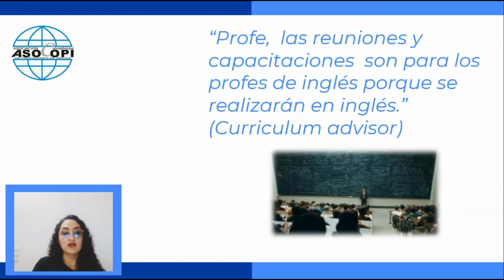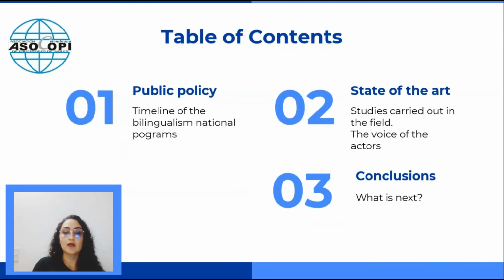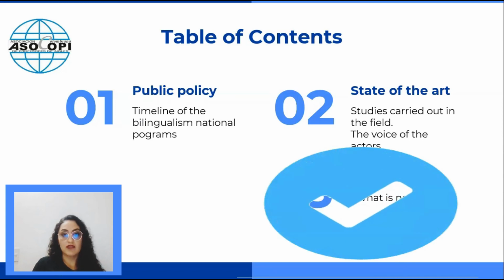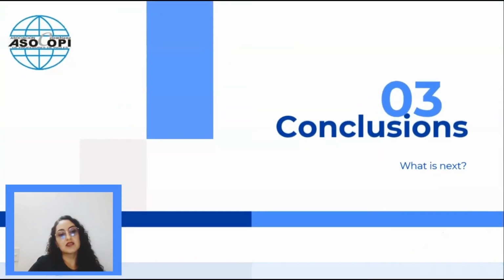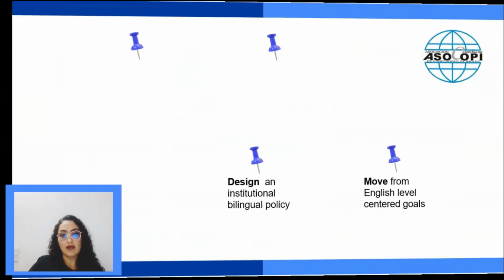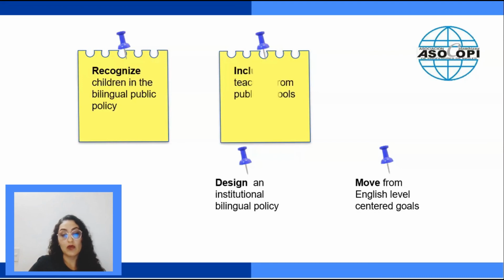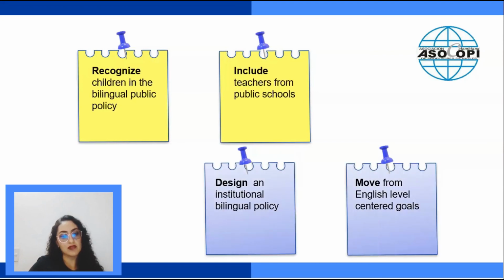And with this, we are approaching the last part in this lecture. And at this point, I want to establish some conclusions that I want to expand with your comments, reflections, or suggestions. And at this point, I may say that there is a need to recognize children in the bilingual public policy at all levels.